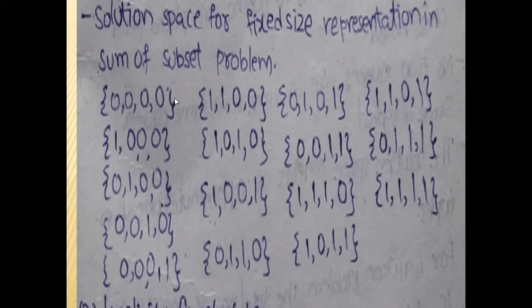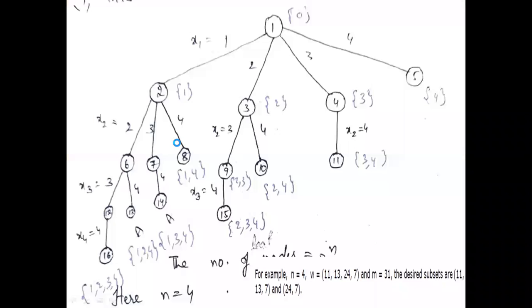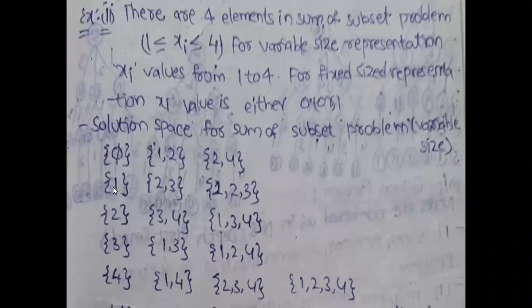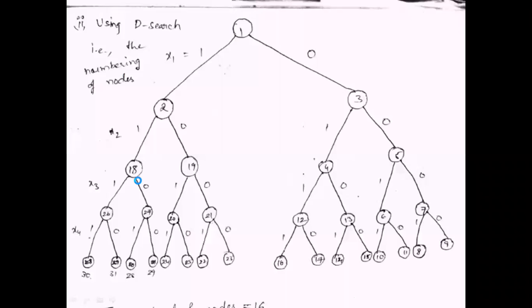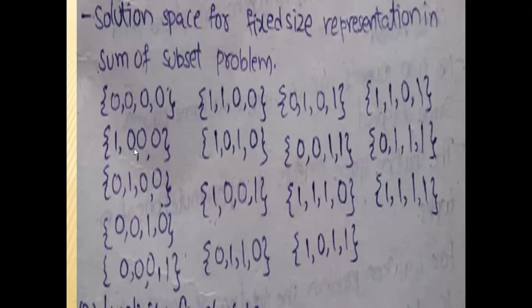For example, if no element is considered in the sum, it is represented by 0 0 0. Here 1 means only the first element is considered in the sum, and the remaining elements are not considered, so they are represented by 0.